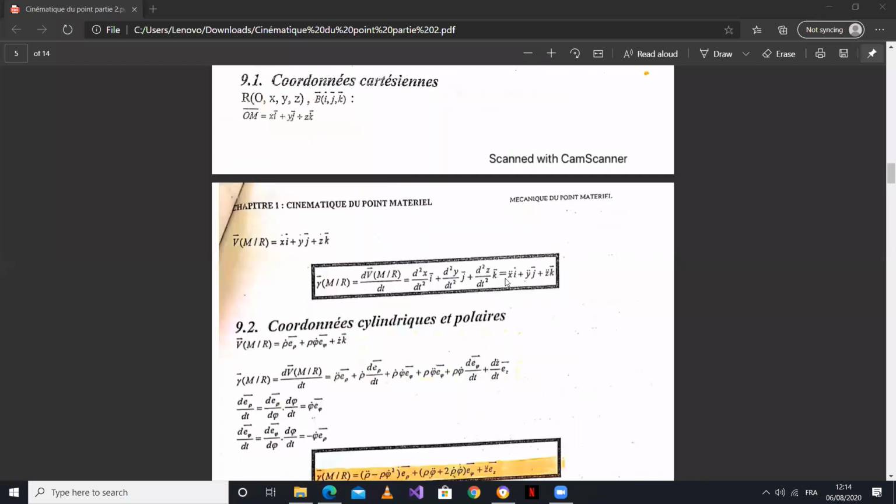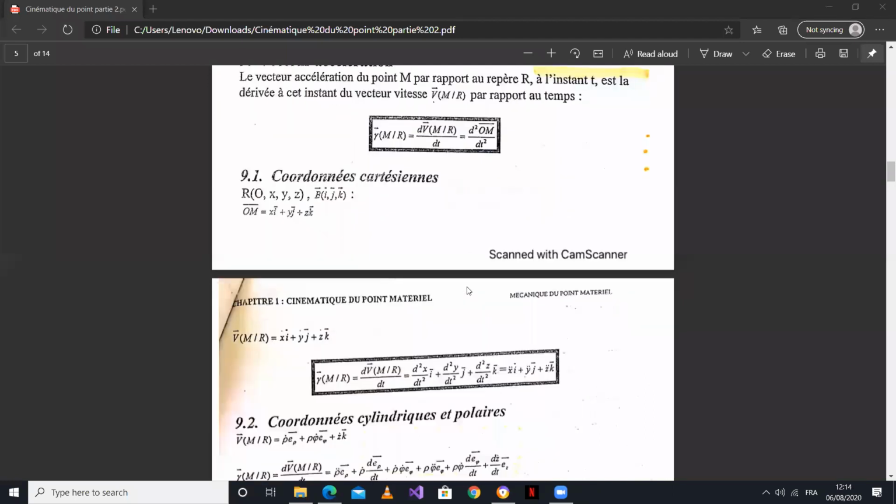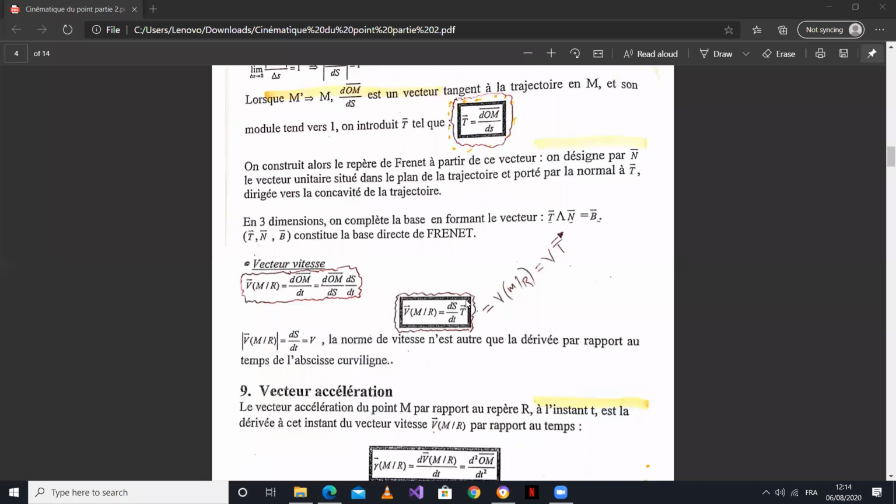So yesterday we found the velocity vector in the Frenet frame. We found le vecteur vitesse du point M par rapport au référentiel R égale ds/dt suivant le vecteur unitaire T, where T is the tangent.